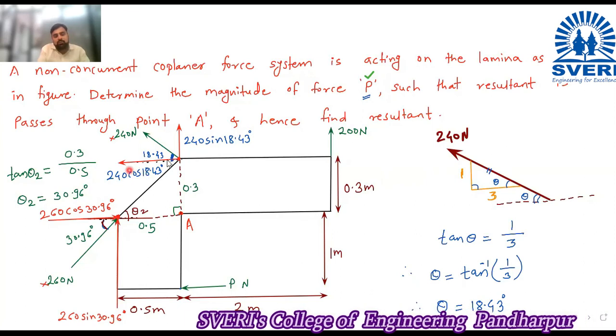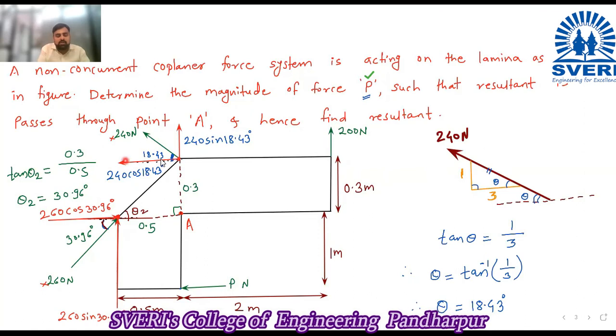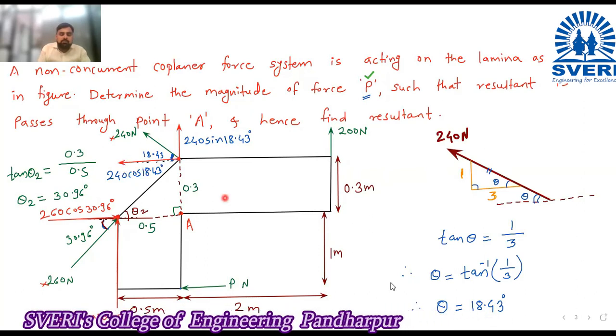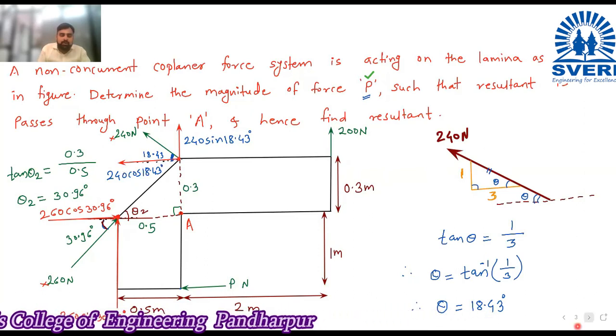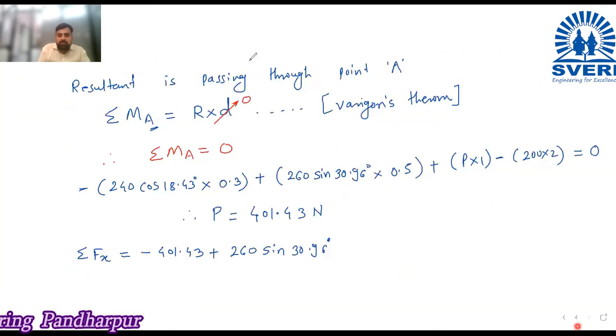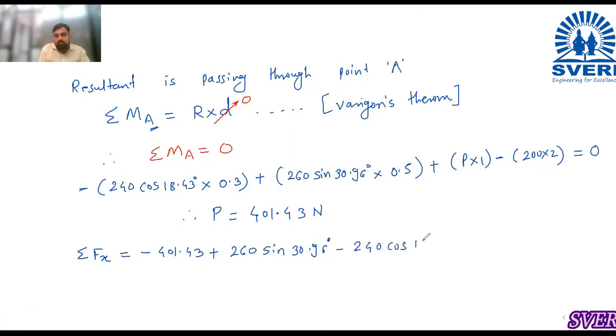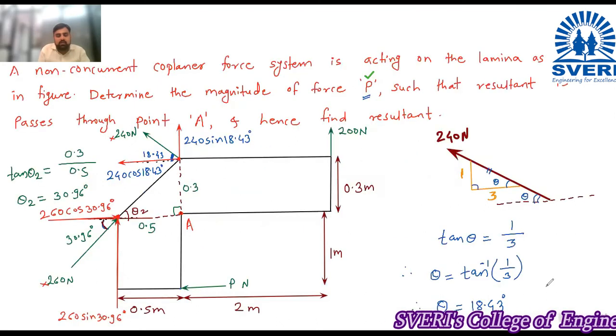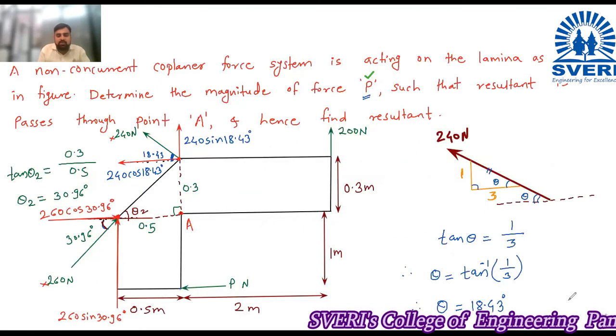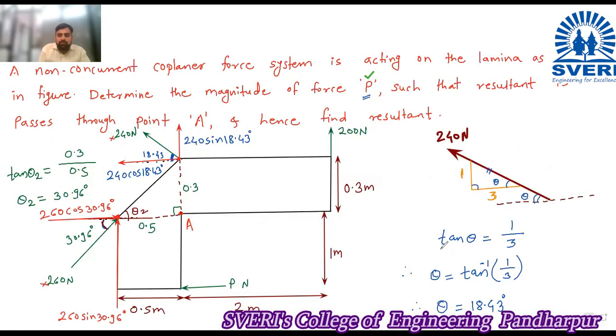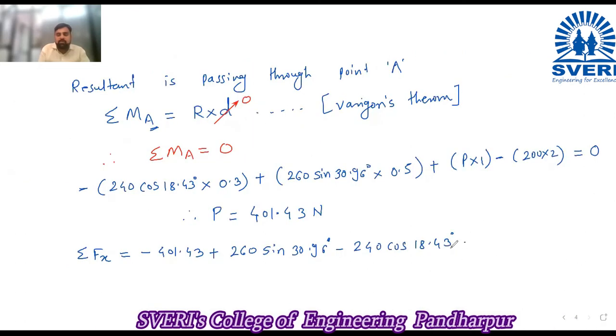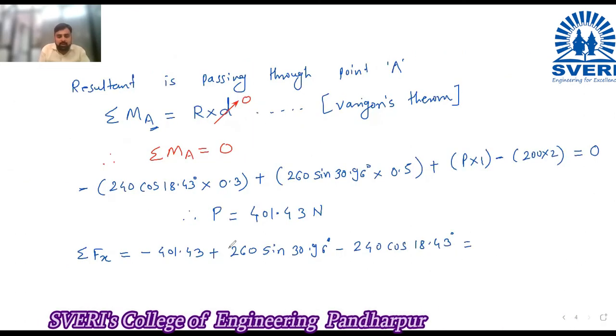This is also horizontal force. It is moving towards left. So minus 240 cos of 18.43. Is there anything else? No, all the other forces are vertical. So if you solve this, you will get the value of summation fx. Just put the brackets.